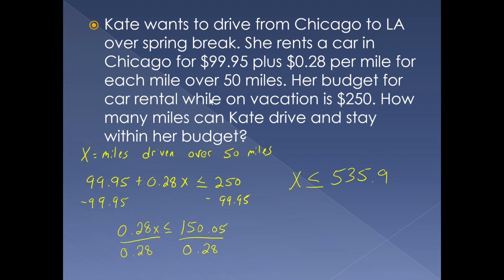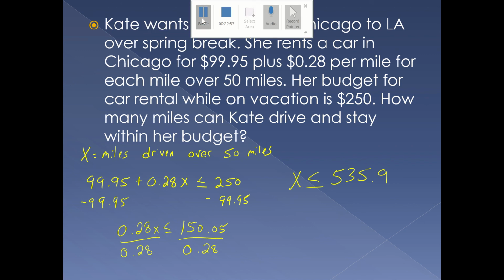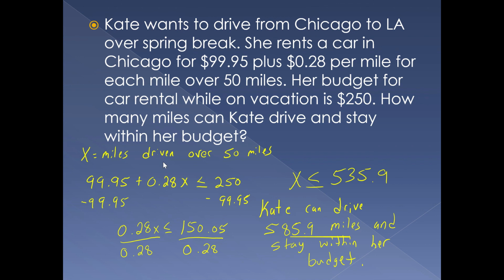Write a sentence to answer how far Kate can drive and stay within her budget. Remember, anything up to 50 miles, there's no additional charge. So she can drive 535.9 miles above 50. So we add 50 to this. Kate can drive 589.9 miles and stay within her budget.